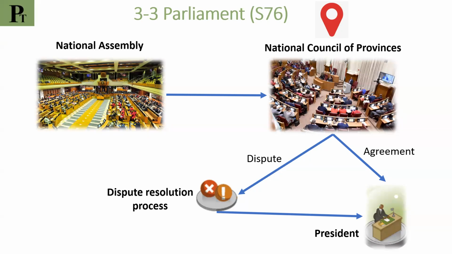Now the bill follows a similar process to the National Assembly, meaning there will be written submissions, oral submissions, and public hearings in the provinces. But despite the fact that the majority of people rejected the bill, the National Assembly still passed the bill in October 2023 and handed it over to the National Council of Provinces.